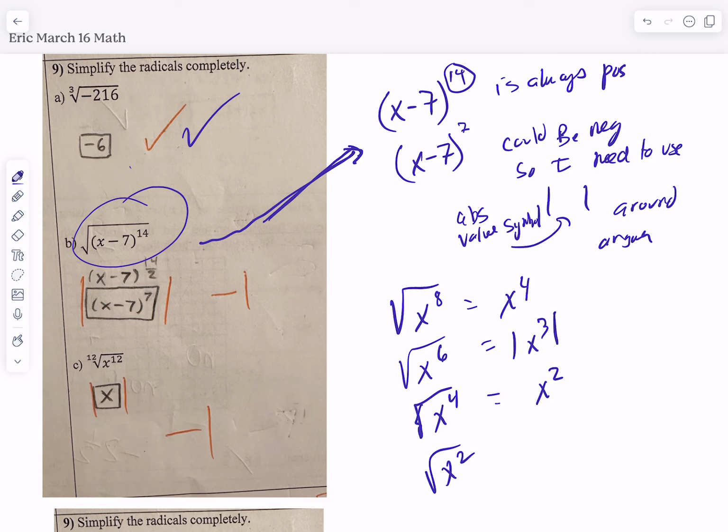This is x squared, and this is the absolute value of x. Because this is always positive, this is always positive, but this here can be negative. But the square root means only the positive value. So that's why you have to put those inside absolute values. Okay.